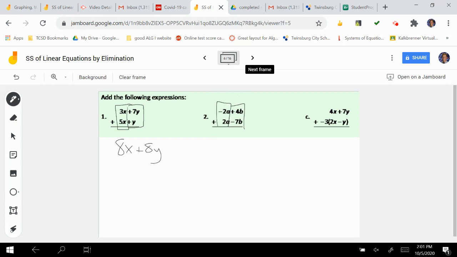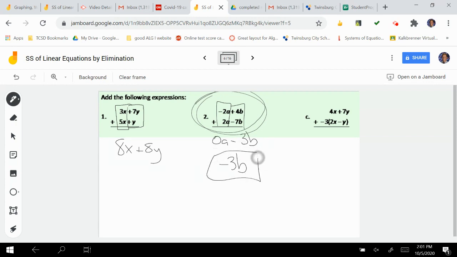What is negative 2a plus 2a? 0a, or just nothing. Now what's 4 plus negative 7? Negative 3b, that's what we're combining. So our final answer would just be negative 3b. This is a great problem because we eliminated what letter?